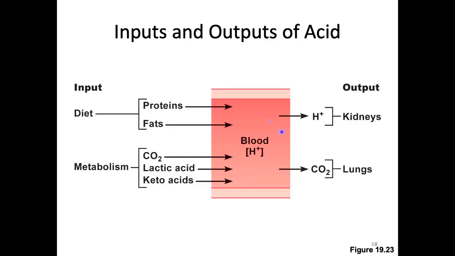How do we handle that? We're going to kick out the protons at the kidneys, and we're going to kick out CO2 at the lungs. So there is a metabolic way to handle it, like excreting it, or there is a respiratory way to handle it as well.